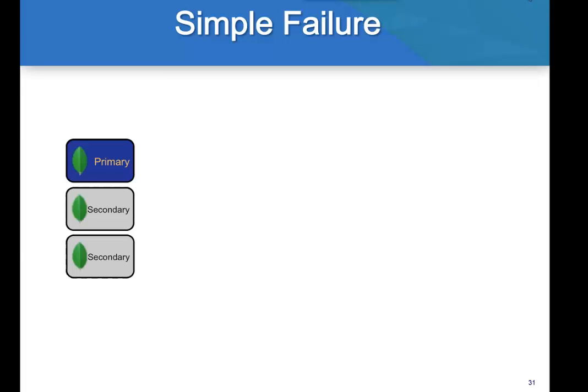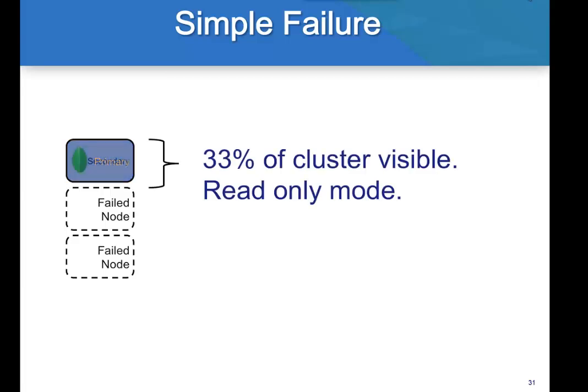Let's take a look at another example. Again, we'll start with a 3-node replica set, 1 primary, 2 secondaries. Let's say both of the secondaries fail for some reason. At this point, the primary sees, oh, there's only 1/3 of the cluster available. I only have 1 vote and I need 2 in order to be a primary.